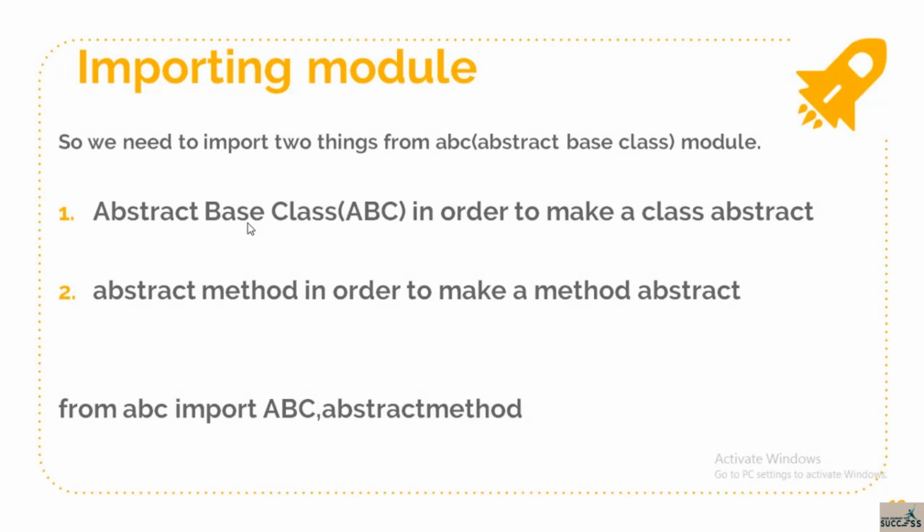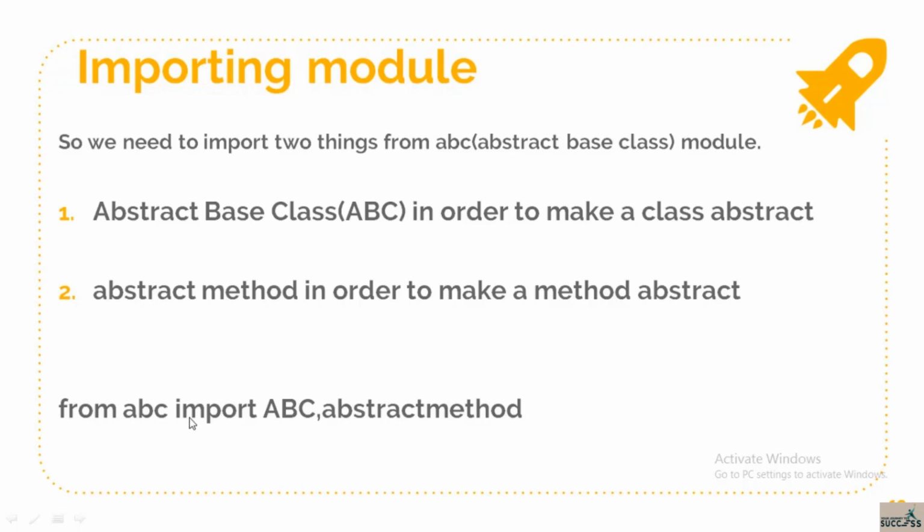So we need to import two things from the ABC module, and ABC stands for abstract base class. The first thing we need to import from the ABC module is ABC, the abstract base class, in order to make a class abstract. In order to tell Python that we are going to make a method abstract, we need to import abstractmethod from the ABC module.